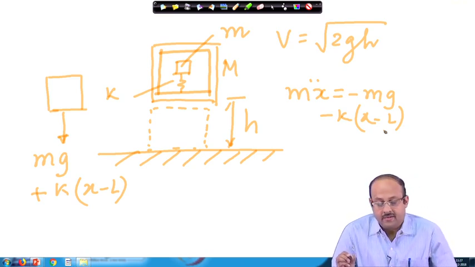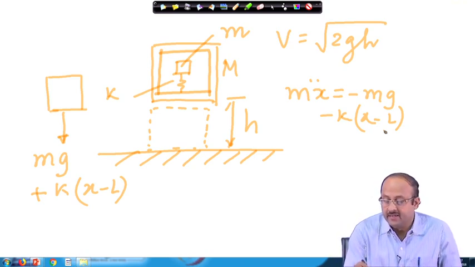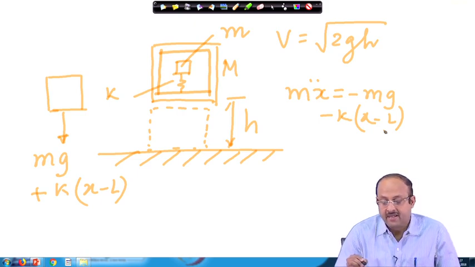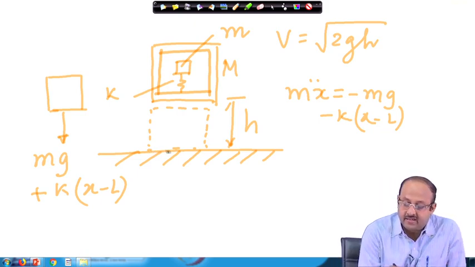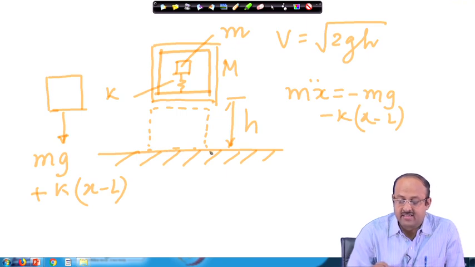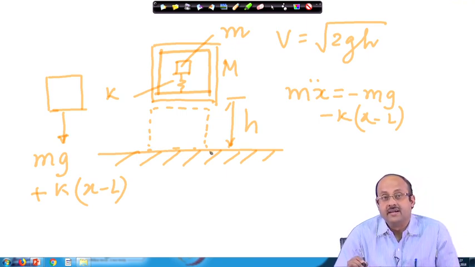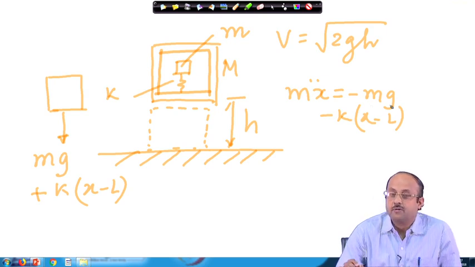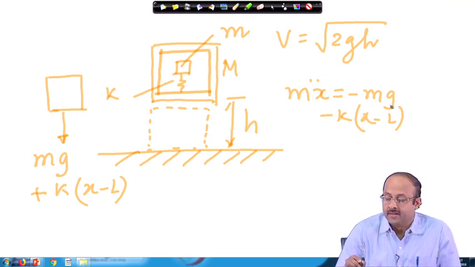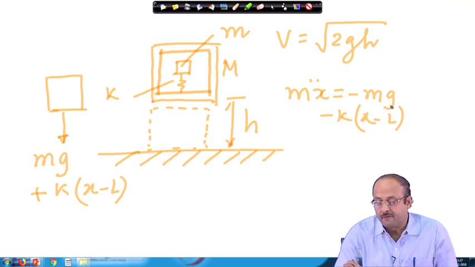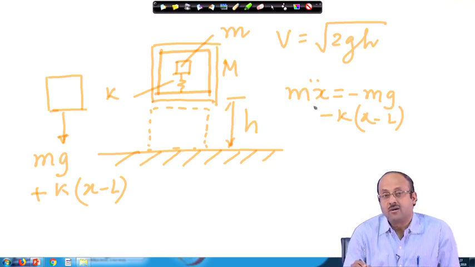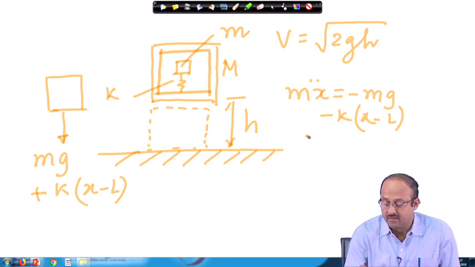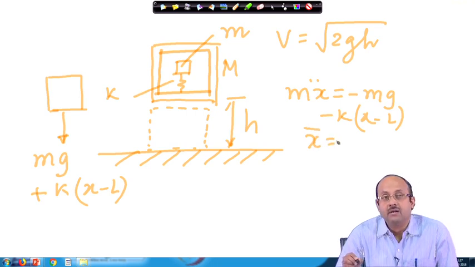It comes with a velocity v, and when it reaches the bottommost point, that is the box touches the ground, then it starts vibrating. After that there is almost no force except the force due to gravity, which is a static force. For some value of x, x dot and x double dot will be equal to 0, and that value we consider to be the equilibrium value.